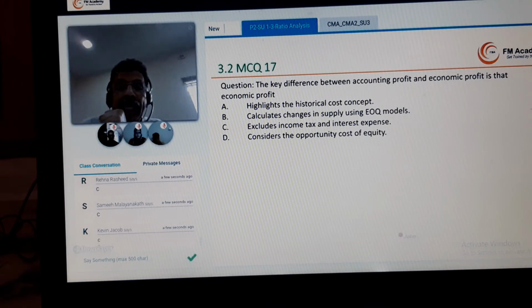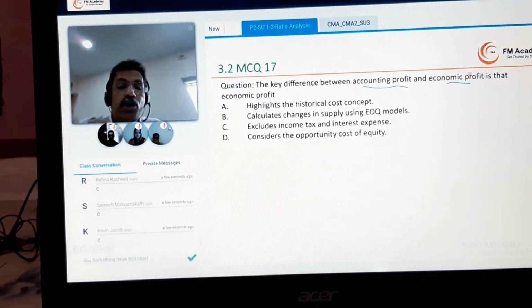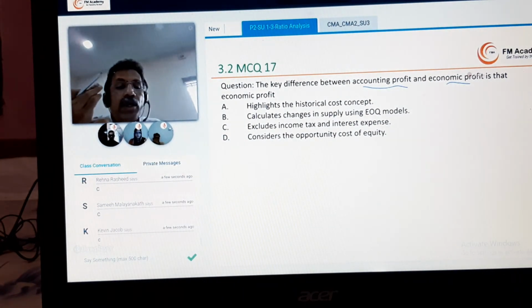So the key difference between accounting profit and economic profit is that accounting profit does not consider the reward for equity, the cost of equity. Dividend is not considered in the accounting profit. That's the key difference. The economic profit should consider the opportunity cost of capital, and only then can you find out the true economic surplus.